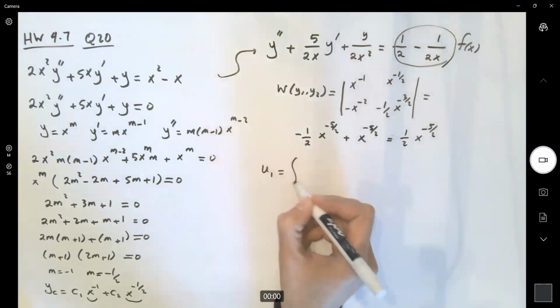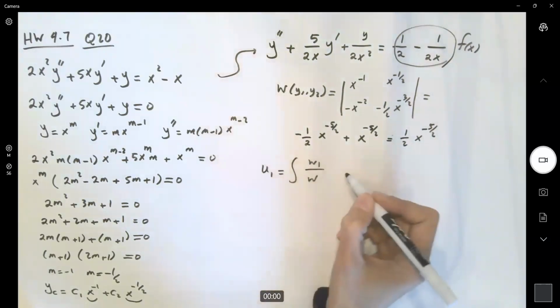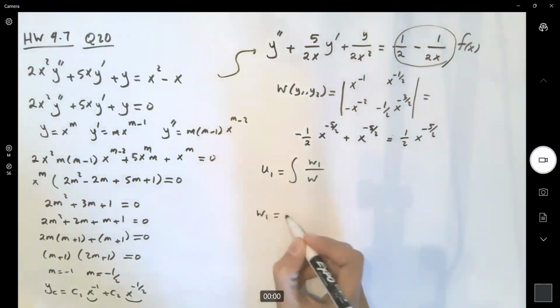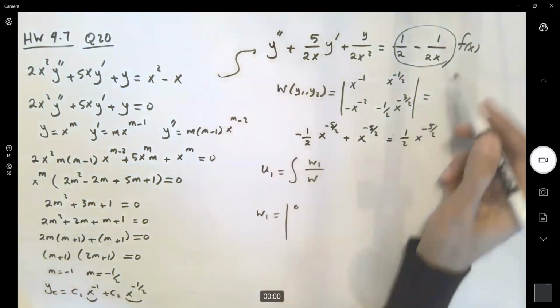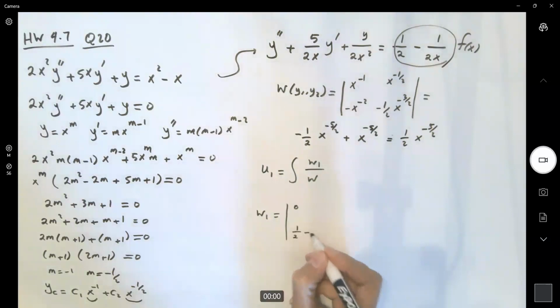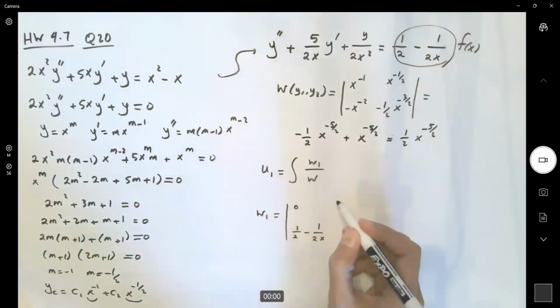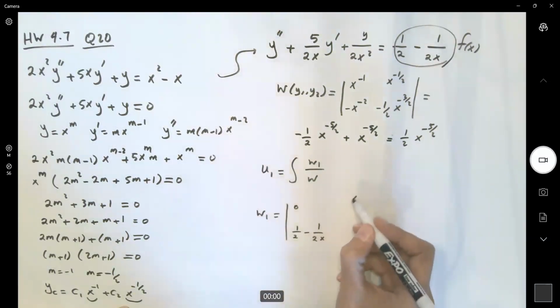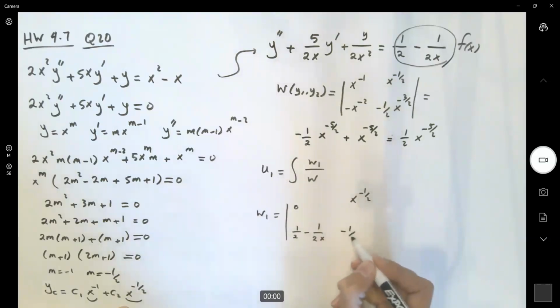u1 is equal to the integral of w1 divided by w. Let us find w1. w1 has 0 and your f, which is 1/2 minus 1 over 2x, and you have y2, which is x to the -1/2, and -1/2 x to the -3/2.